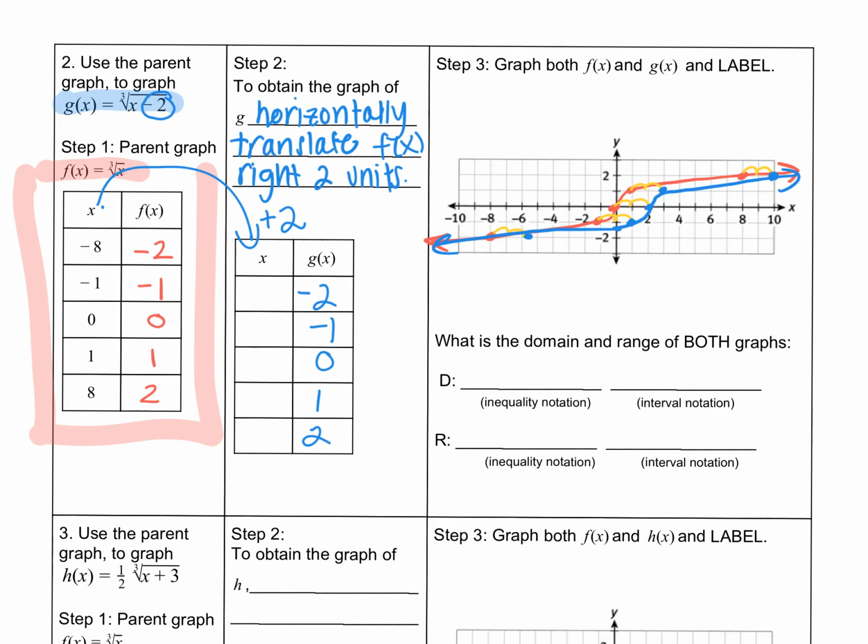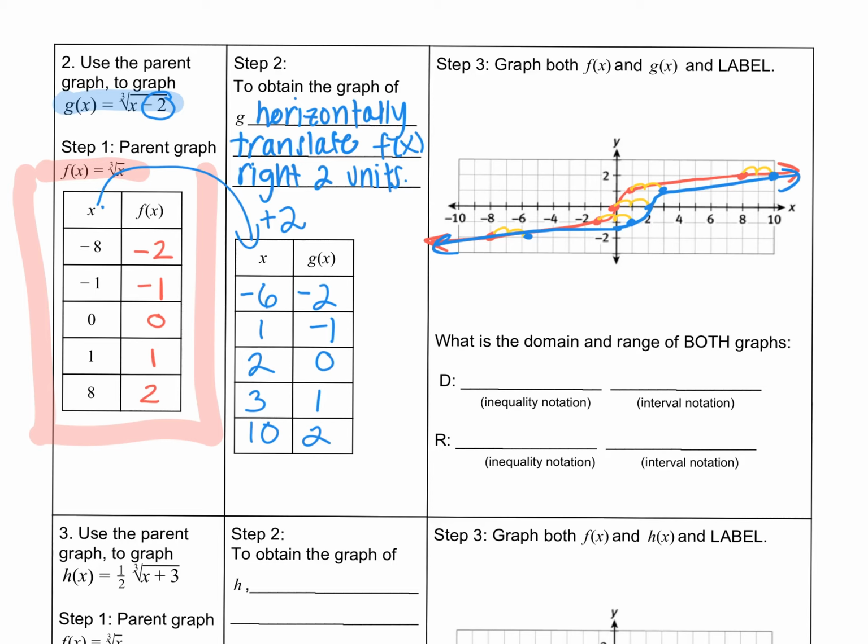So negative 8 plus 2 is negative 6. Negative 1 plus 2 is 1. 0 plus 2 is 2. 1 plus 2 is 3. And 8 plus 2 is 10. And you should hopefully notice that these 5 points in the table match the points that we have on our graph. So we have our graph of g of x.